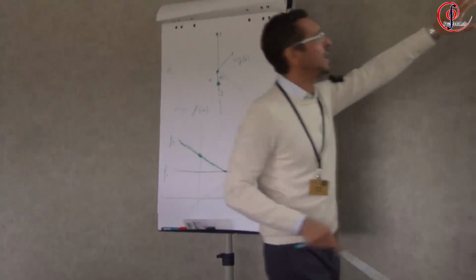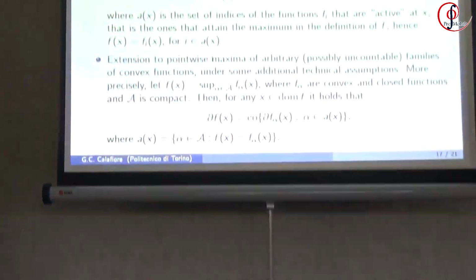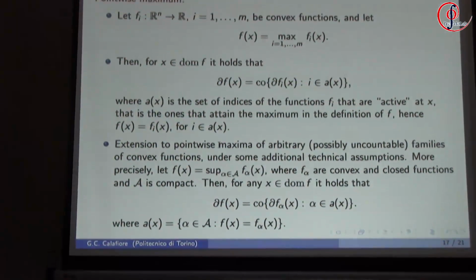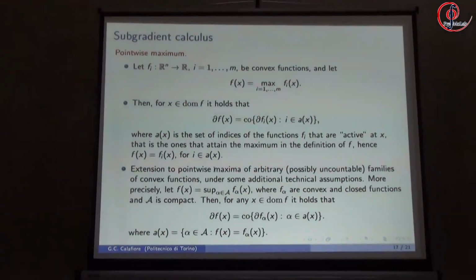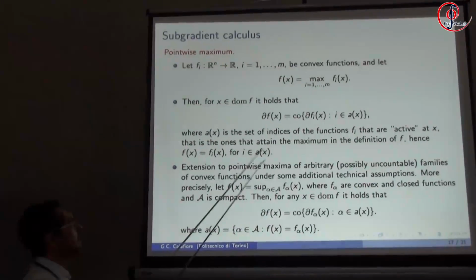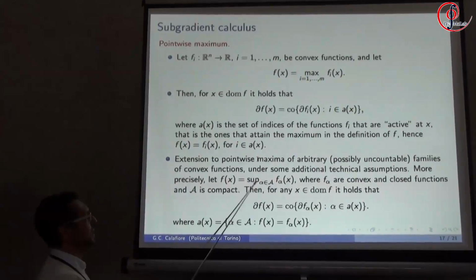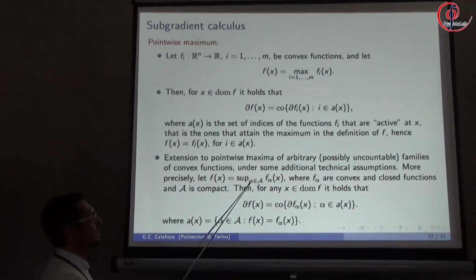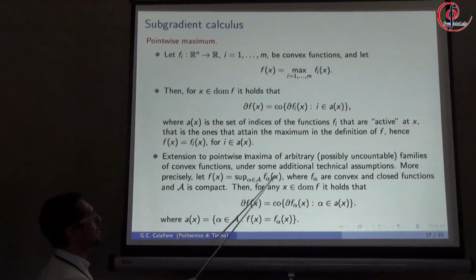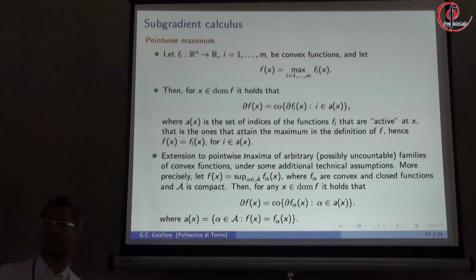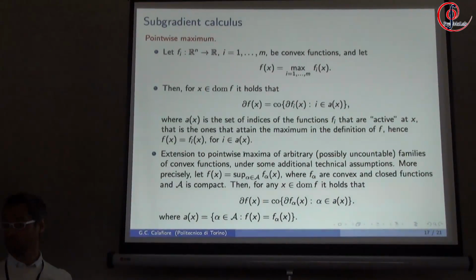And this rule has an extension to infinitely many functions, where the maximum here is actually something like this. We take the sup over some parameter alpha that spans some parameter set, and the function here is actually a function family parameterized by alpha. Then the same kind of rule applies.